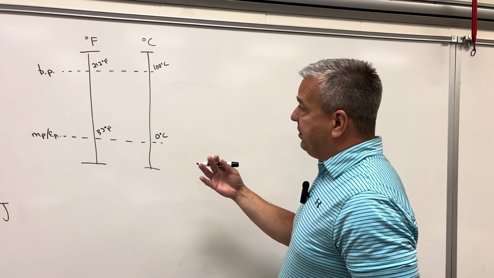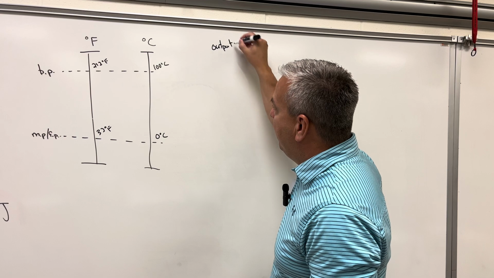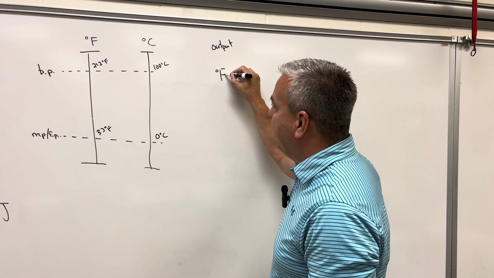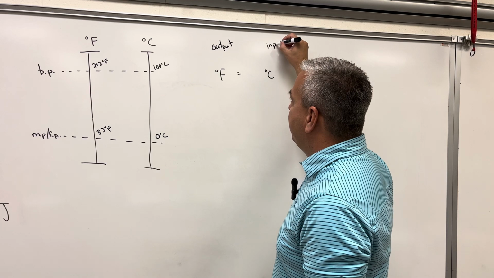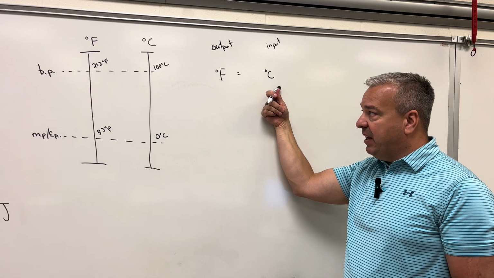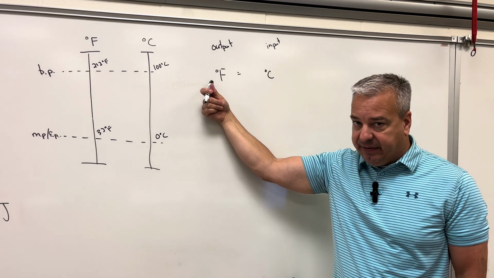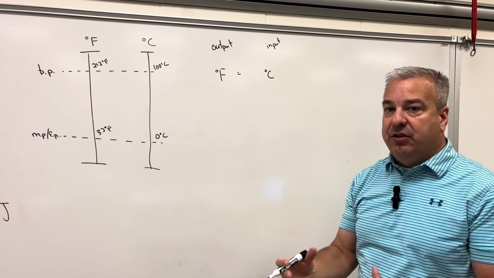So ultimately what we want is for the output of our equation to be in degrees Fahrenheit, and we want our input to be in degrees Celsius. So if I give you a certain temperature in degrees Celsius, what is that in degrees Fahrenheit? And to make these mathematical expressions, you need two things.